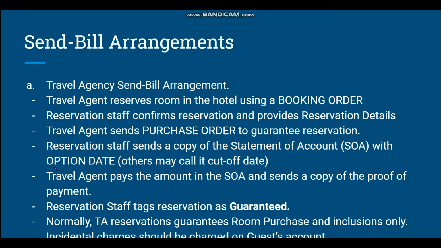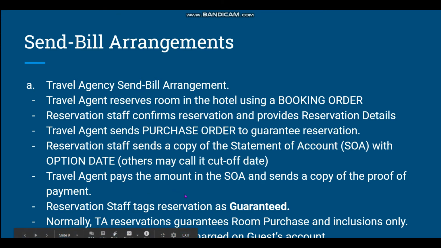Meaning to say, the travel agent must pay the reservation in full on or before the option date. Otherwise, if they fail to do so, the system or the PMS will automatically release the room reserved for that specific requirement. The travel agent pays the amount of the SOA or the statement of account and sends a copy of the proof of payment to the reservations team.